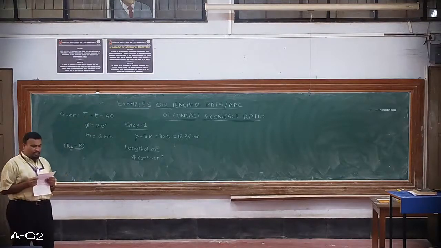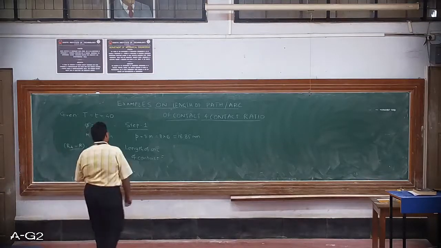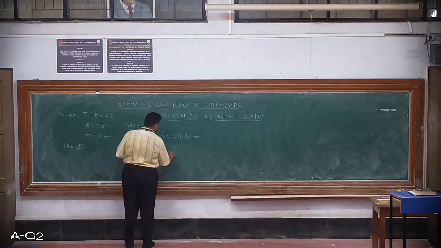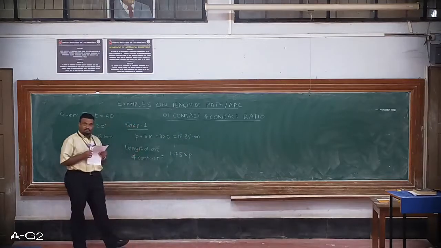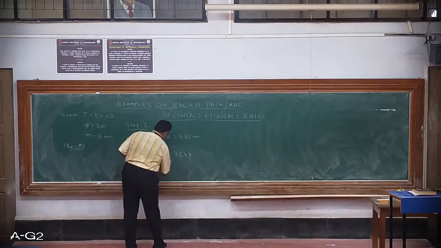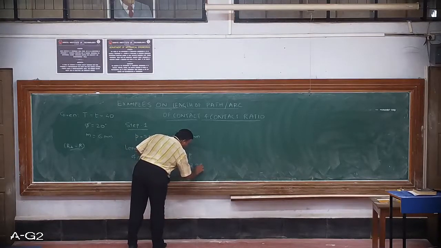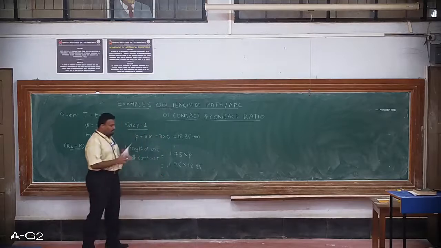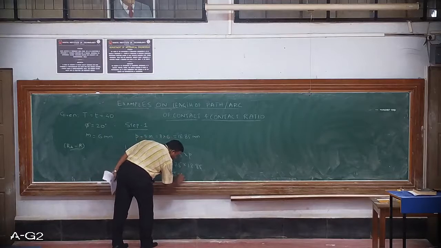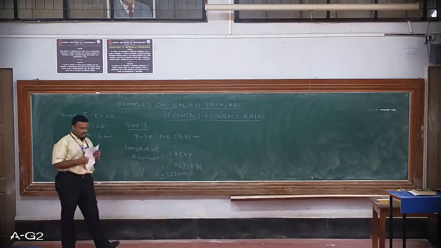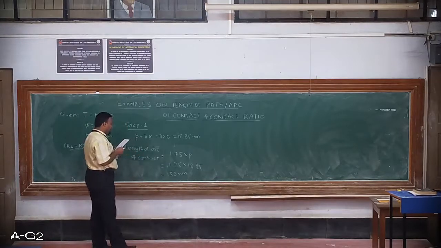If the arc of contact is 1.75 times the circular pitch, that means here they have given length of arc of contact is 1.75 times P. That is 1.75 into 18.85. So upon simplifying, we get the length of arc of contact as 33 mm. Is that clear? So now we have got the length of arc of contact.